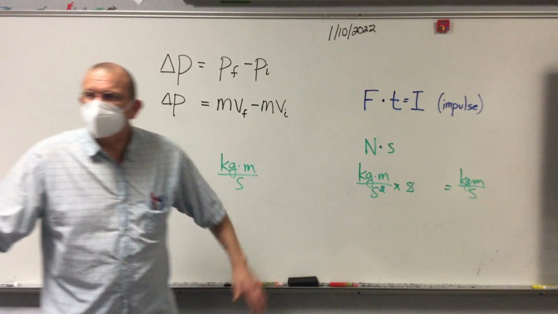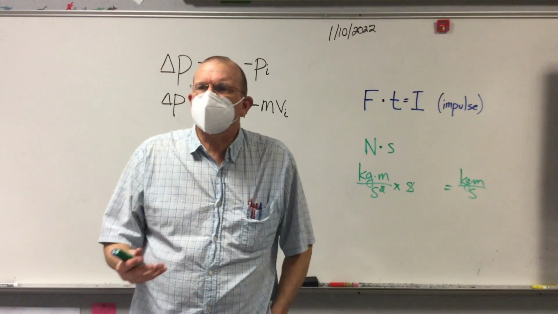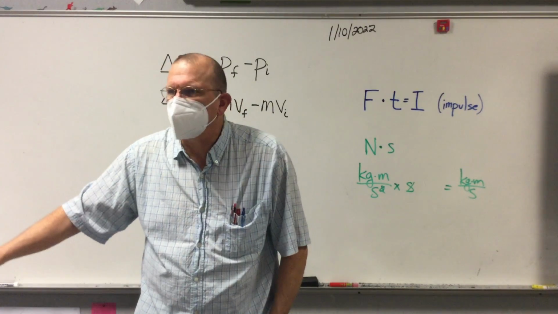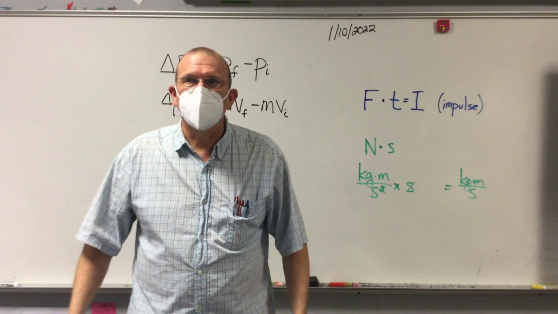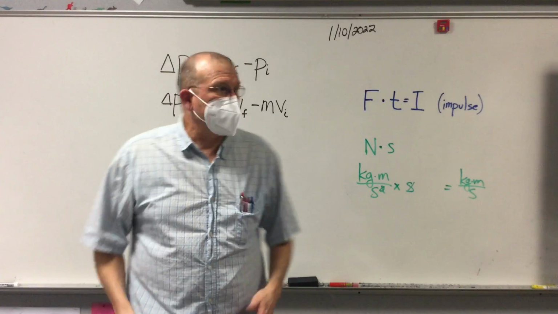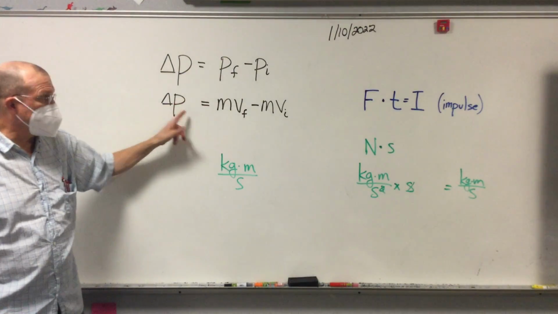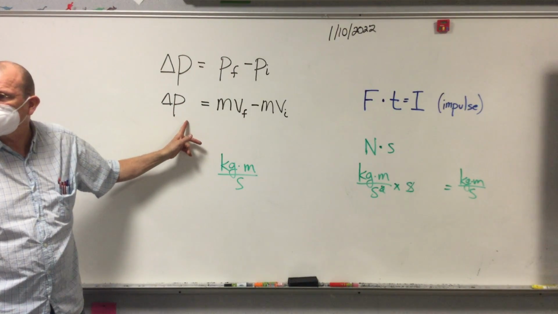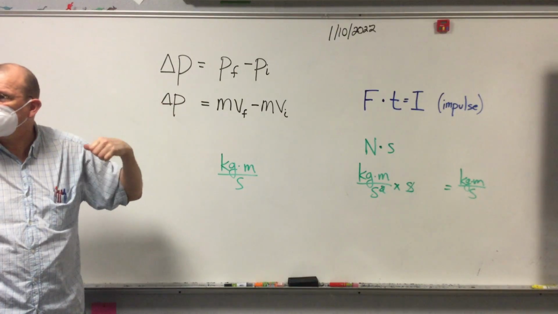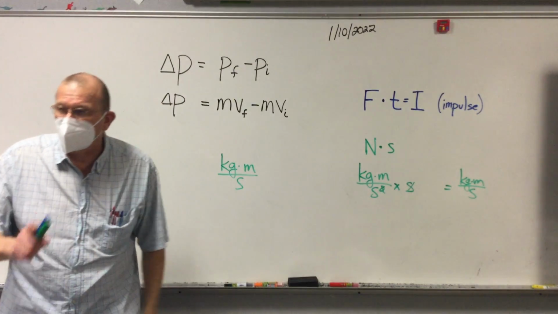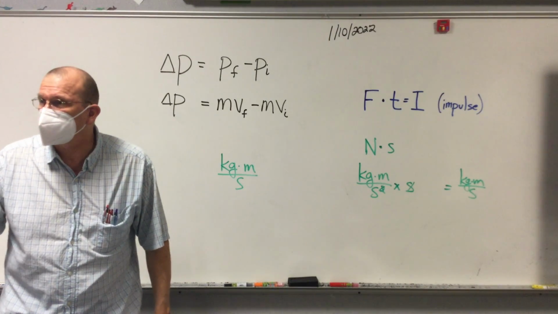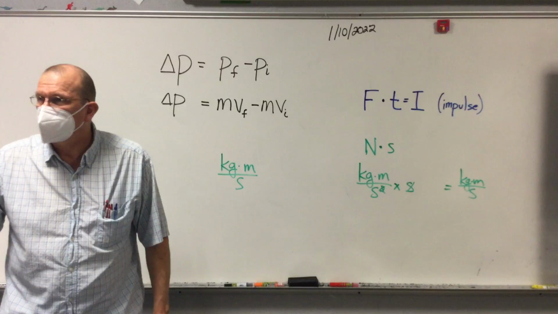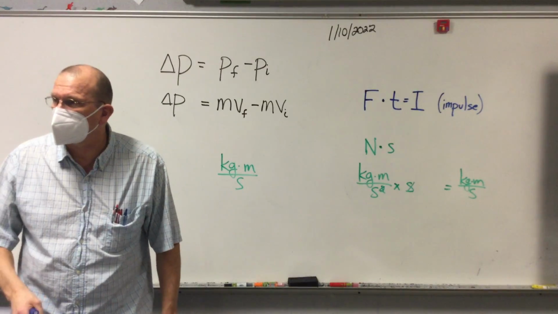So when we talked about the shopping cart, we said, when I first come up to the shopping cart, no momentum, it's just sitting there. And then after I've interacted with it, now it's moving. That means it has undergone a change in momentum, and now it has momentum that it didn't have before. We pointed out earlier that there's a force that came from you because you pushed on the cart.